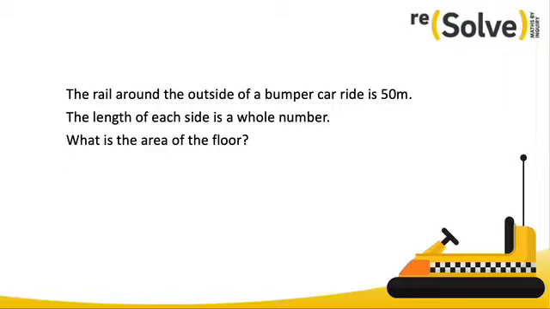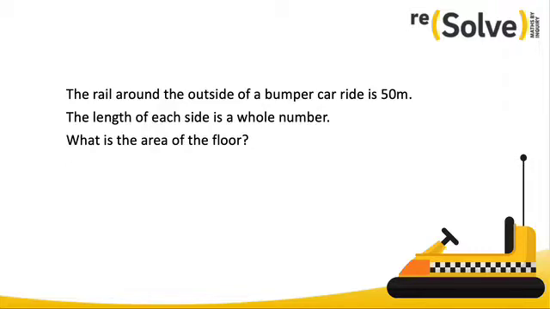To answer this, what you need to do is, in your grid book, find a rectangle that has a perimeter of 50 metres. Remember that a rectangle has two pairs of identical sides. So you need to find two pairs of numbers that when added together equal 50.